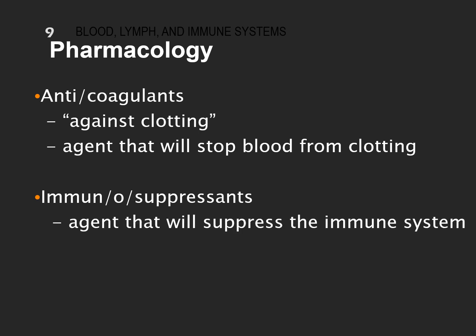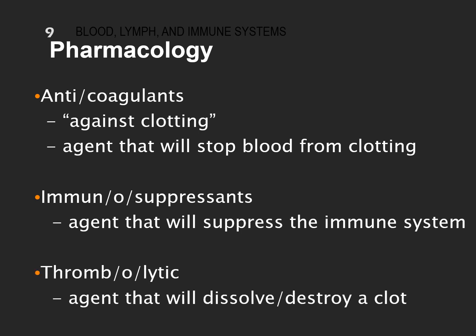Immunosuppressant, well, to suppress the immune system. This is given to people post-transplant, so the body will take time to accept the new transplanted organ instead of rejecting it with your immune system. And thrombolytic, once again, is an agent that will dissolve or destroy a blood clot.